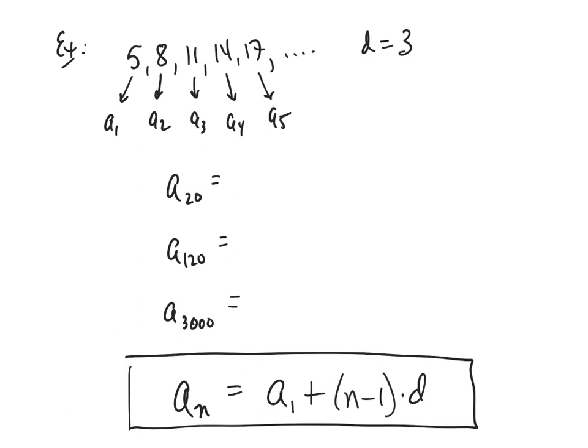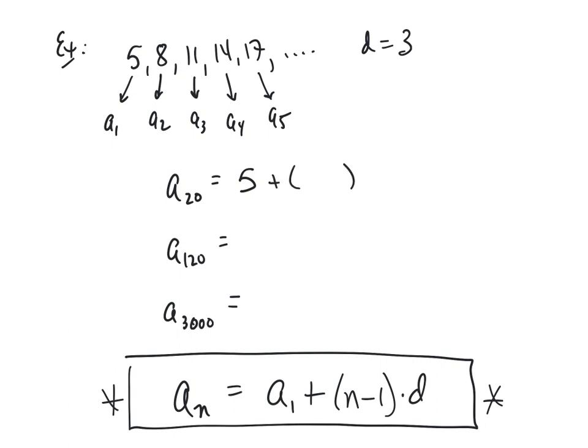So a sub 1 is the first term in the sequence. In our example, that's a 5. n is the term number we're looking for, so we have to subtract 1 from that. And then we multiply by d, which is the common difference. As an example, to find the 20th term, we take the first term, which is a 5, plus the value of n minus 1.